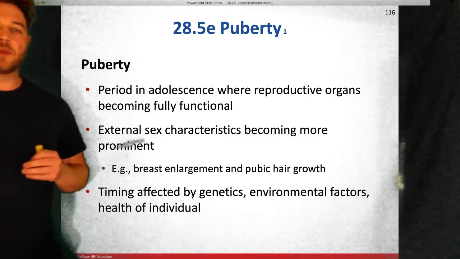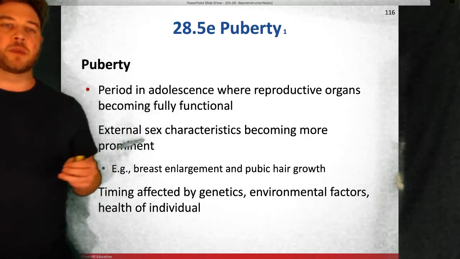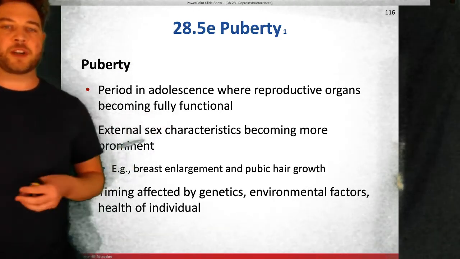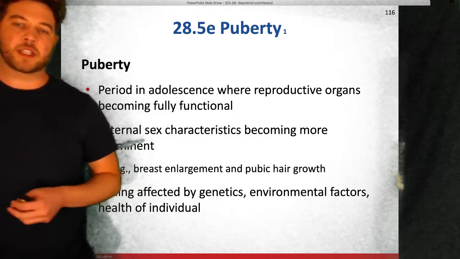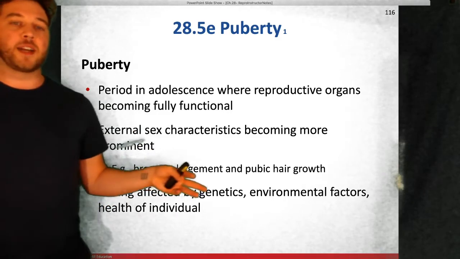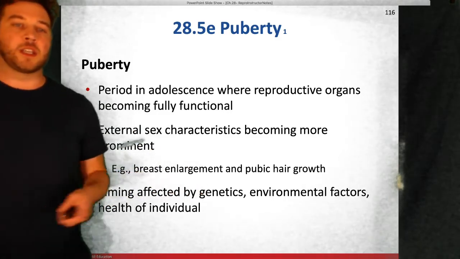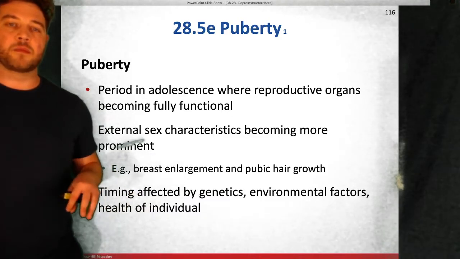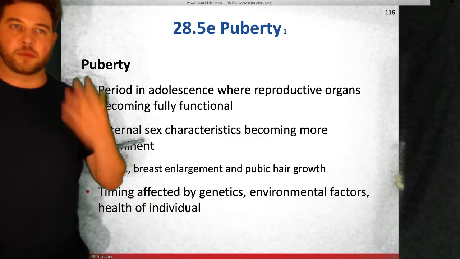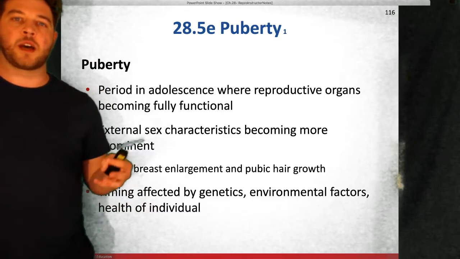Developmentally, you can then move to puberty. This is a period in adolescence where reproductive organs become fully functional. External sex characteristics become more prominent, your secondary sex characteristics. Timing is affected by genetics, environmental factors, and health of the individual. This is one of those kind of strange things. At least for me, what seems like a common example is gymnasts.